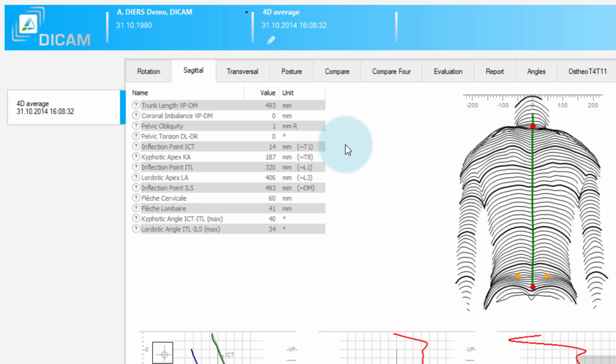The respective parameter value first shows the distance of the point from VP to the nearest millimeter. More clinically interesting is probably the indication of the segmental level. The cervicothoracic junction, described here as ICT, abbreviation for inflection point cervicothoracic, is expected slightly caudal of VP.